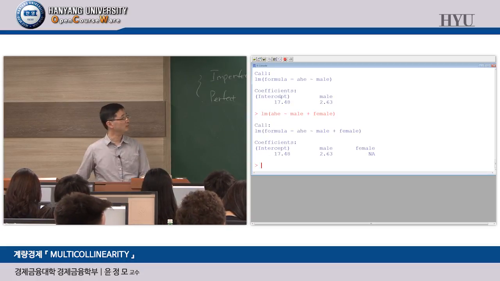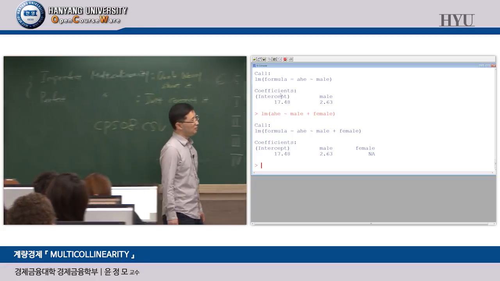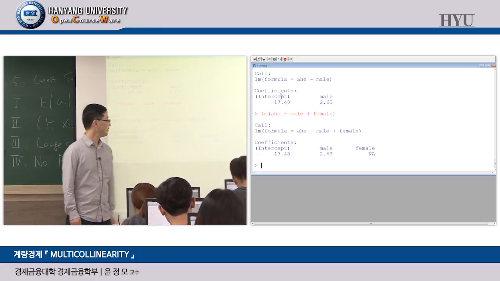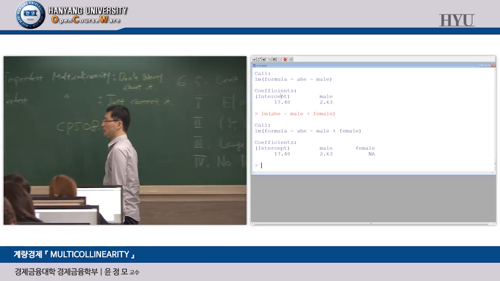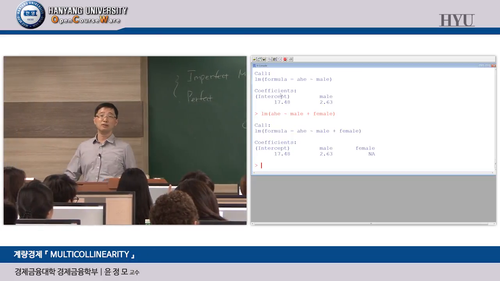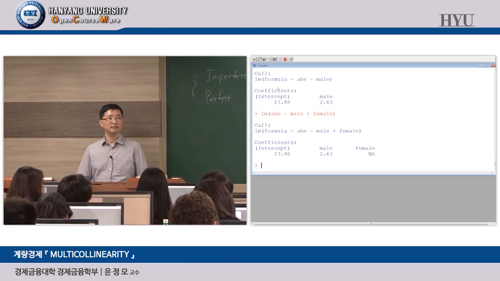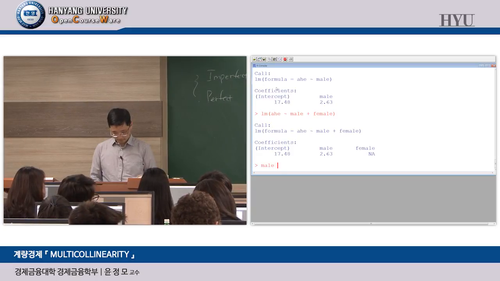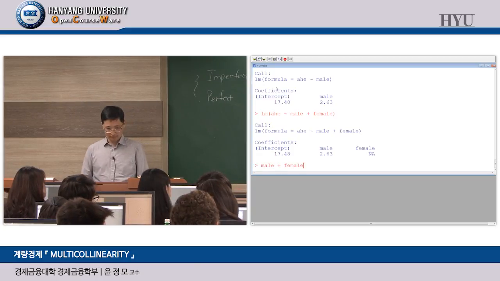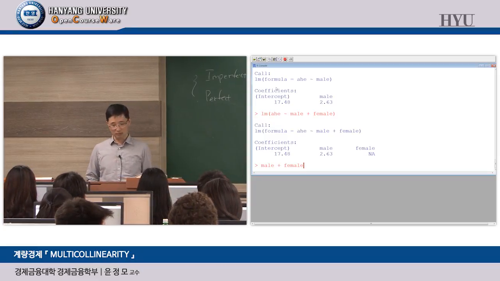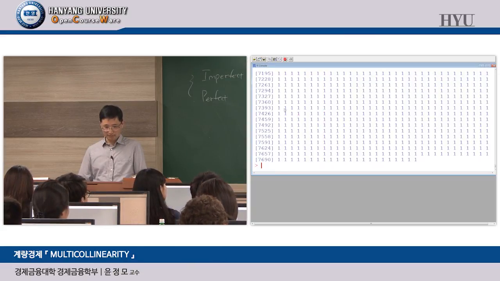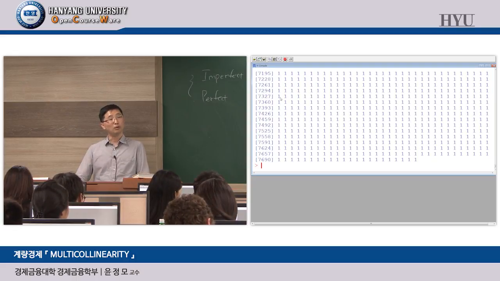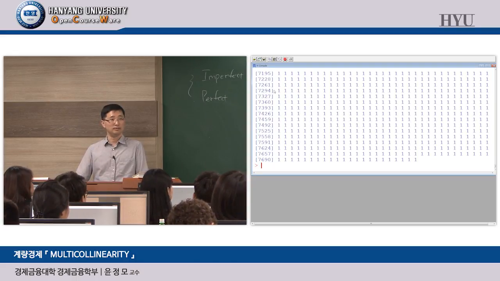Can you tell me why we have this problem? So we have an intercept, a male dummy, and a female dummy. So what caused this trouble? If you add the two variables, it's going to be one everywhere, right? But one was the first variable, the constant.